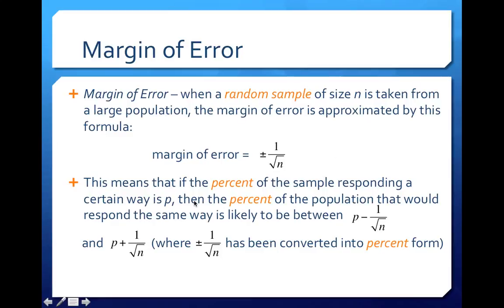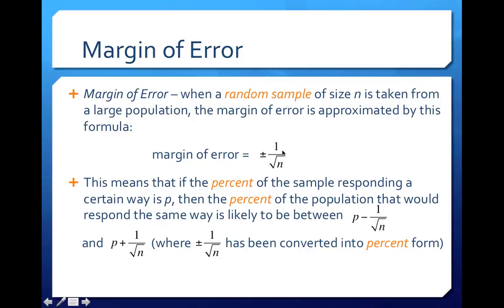What this means is that if the percent of the sample responding a certain way is p, then the percent of the population that would respond the same way is likely to be between p minus 1 over the square root of n and p plus 1 over the square root of n, where we have taken plus or minus 1 over the square root of n and changed it to percent form.